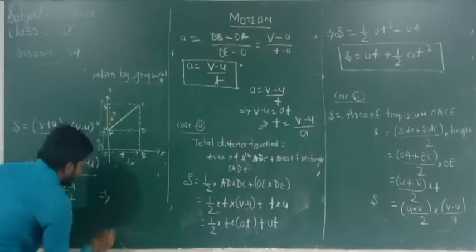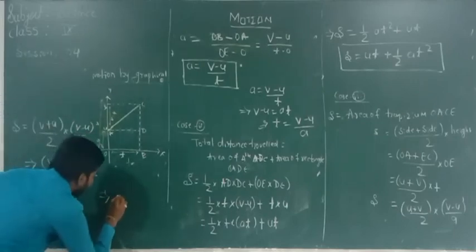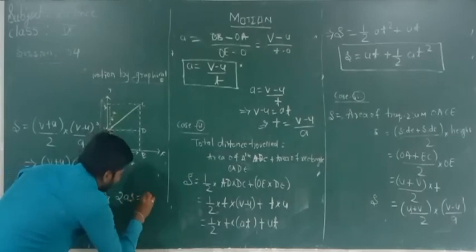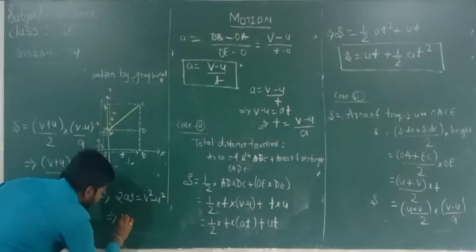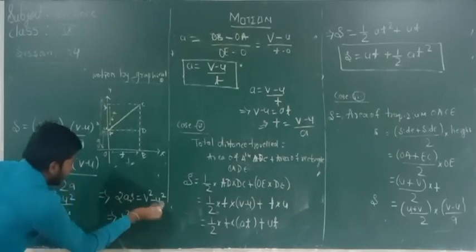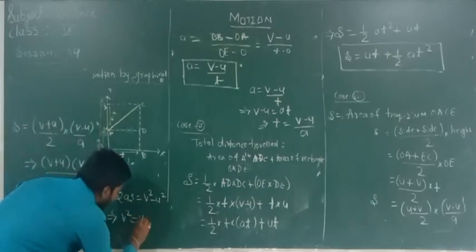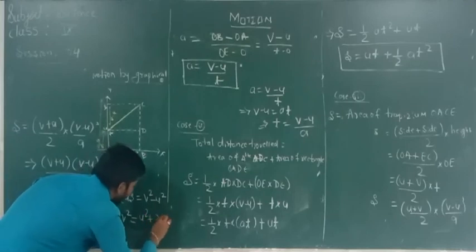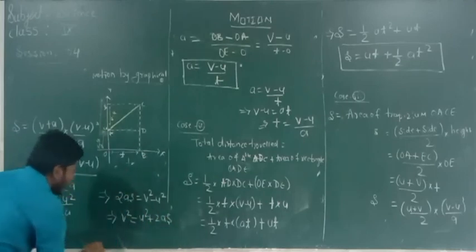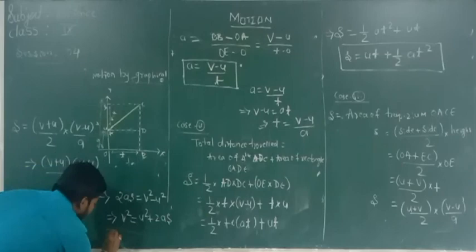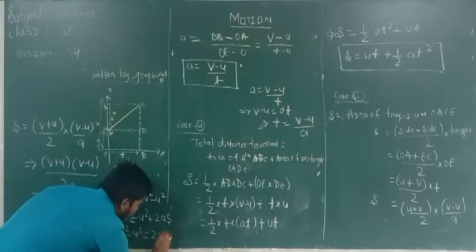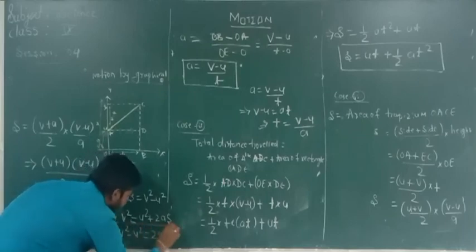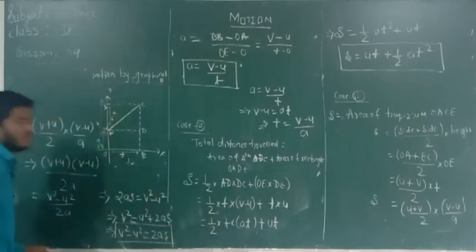It implies 2AS is equal to V square minus U square. It implies V square is equal to U square plus 2AS. This is another expression for motion.